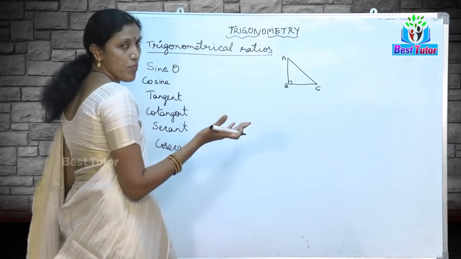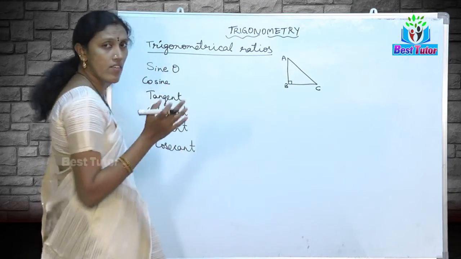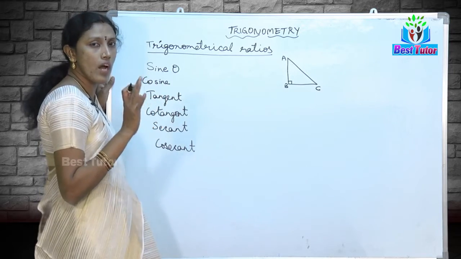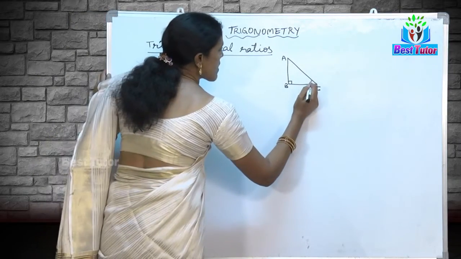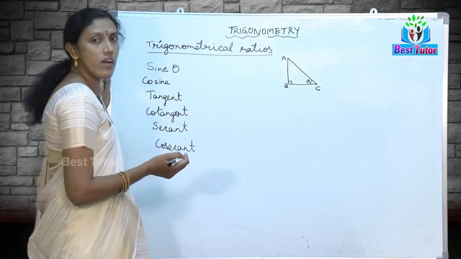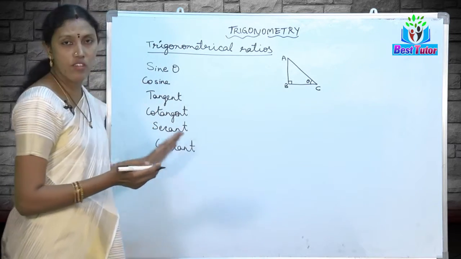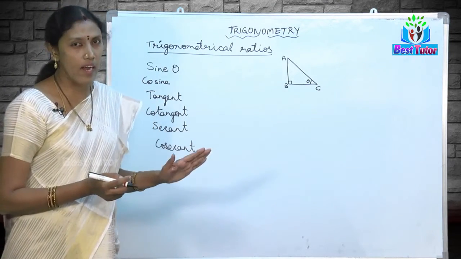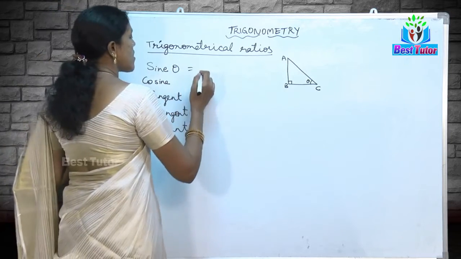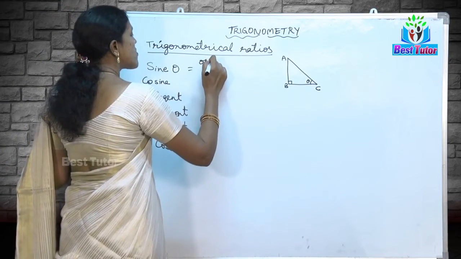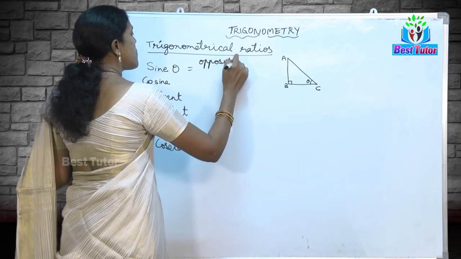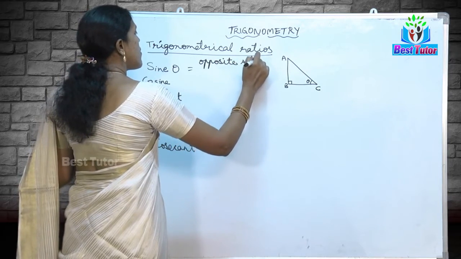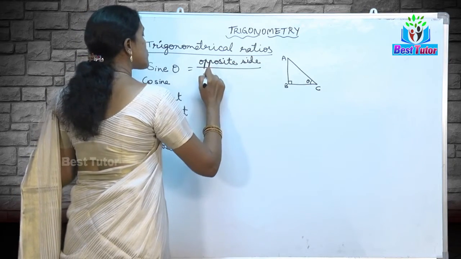So AC is the hypotenuse anyway. Whichever angle is under consideration, AC remains the hypotenuse. So this is the angle under consideration, right? So the basic definitions of these 6 trigonometrical ratios on these angles are: sine theta is going to be opposite side by hypotenuse.